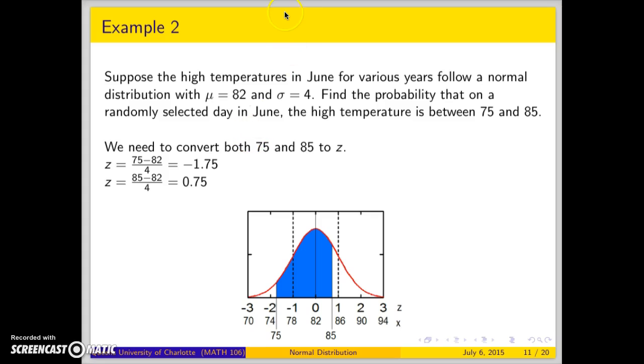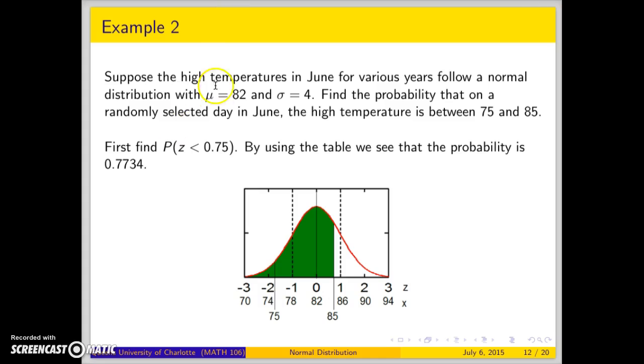Now we need to find the area between those two values of z. If you remember from the last section, first we find the area below 0.75, which is 0.7734 on the z-table.